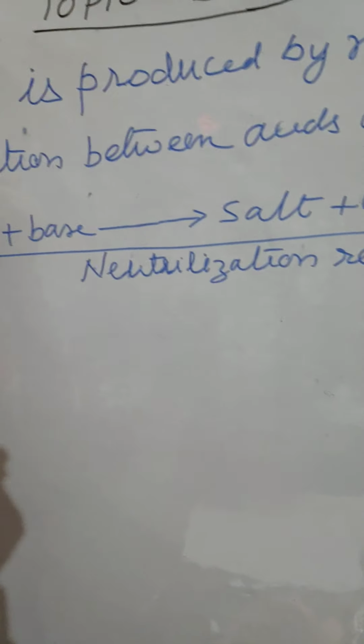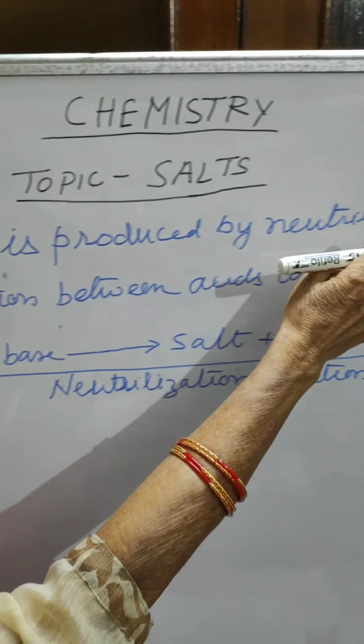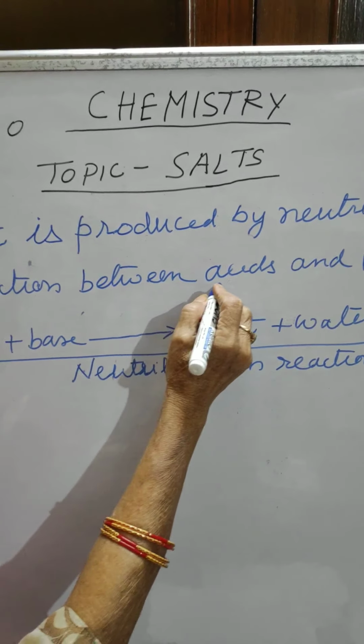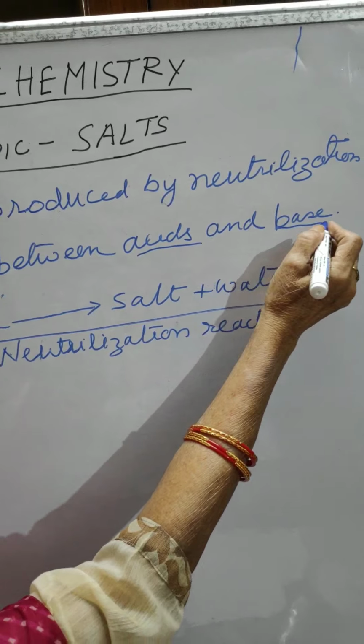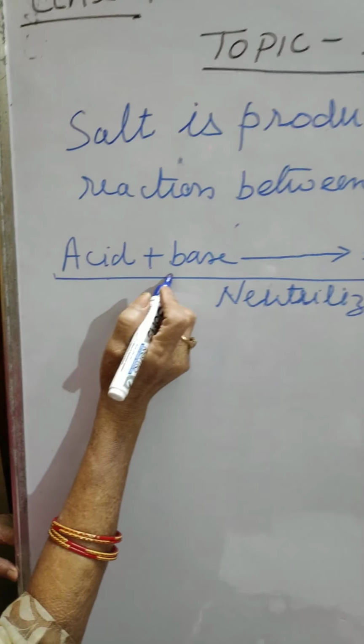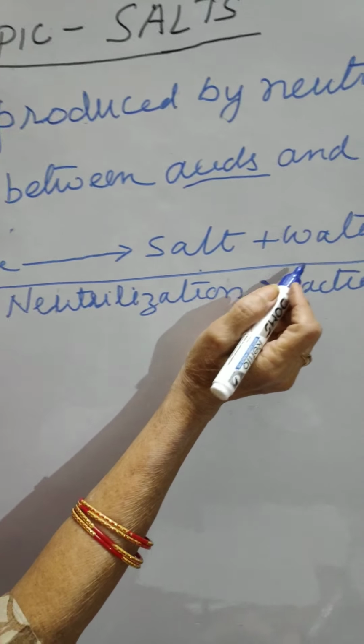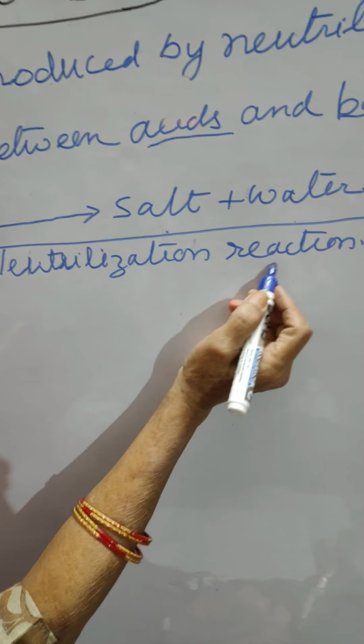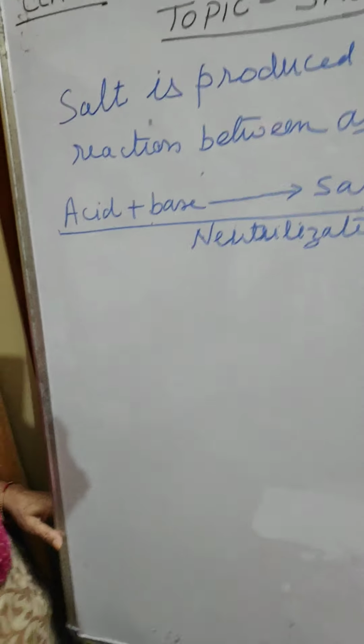Now, what is salt? Salt is produced by neutralization reaction between acids and base. Acid plus base forms salt and water, and this whole reaction is called neutralization reaction.